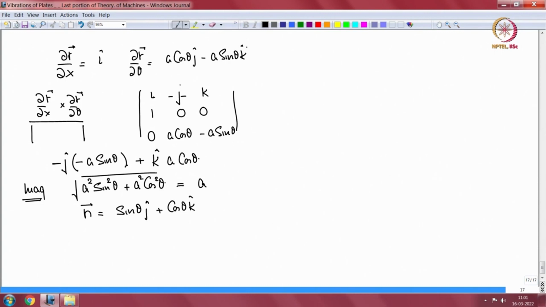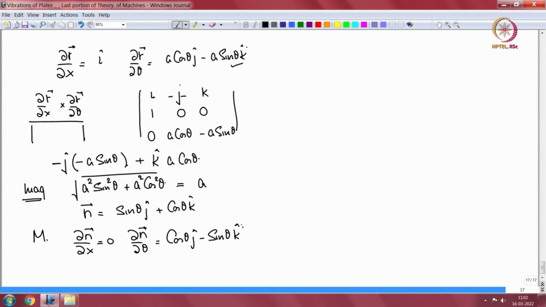Okay, so now we have to check for m. We have del r del x and del r del theta here. Del n del x is equal to 0 and del n del theta is equal to cos theta j minus sin theta k.